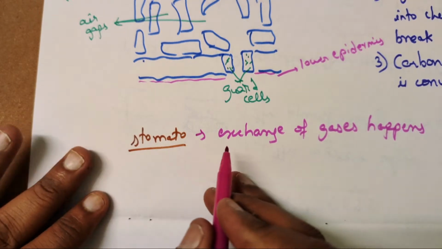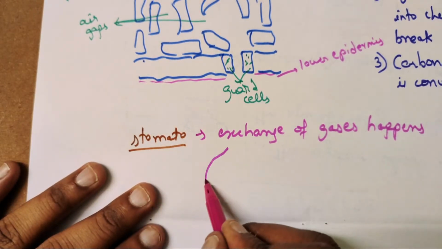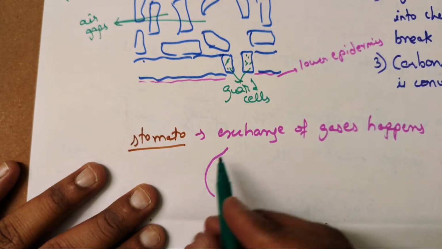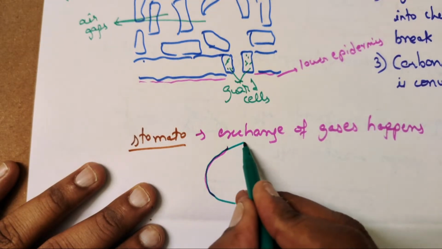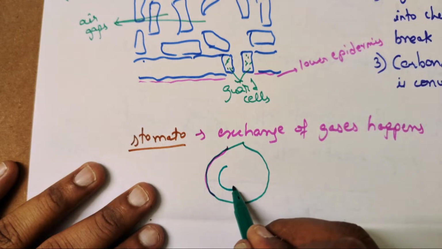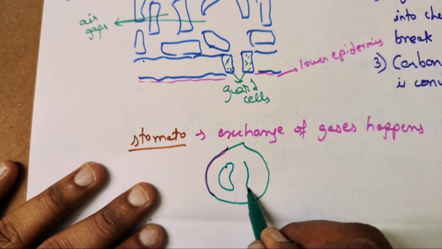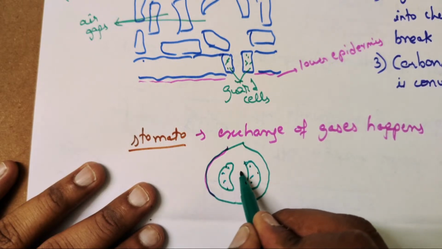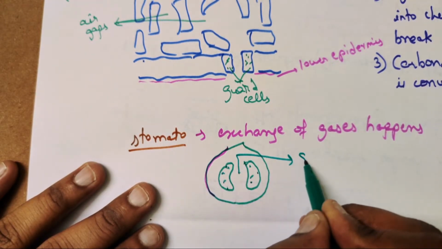Suppose this is the leaf structure. We have guard cells inside it, and this is the stomatal pore.